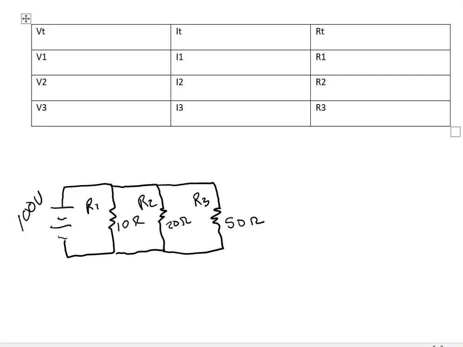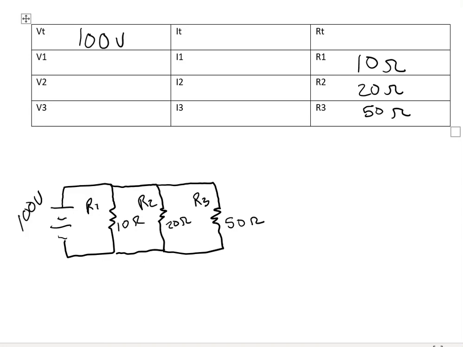So let's see what we got here. Our first step is always to plug in the givens. So 100 volts, and we've got a 10 ohm resistor, a 20 ohm resistor, and a 50 ohm resistor. Okay, so what do we do here? What have we learned about parallel circuits? Well, in parallel circuits, all of them get the same voltage.